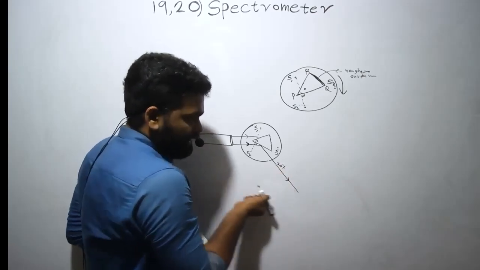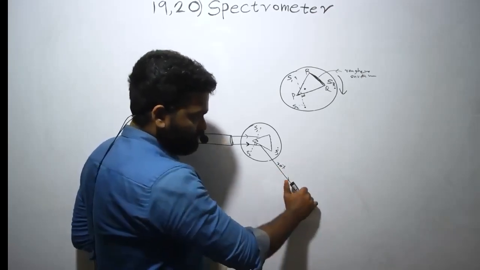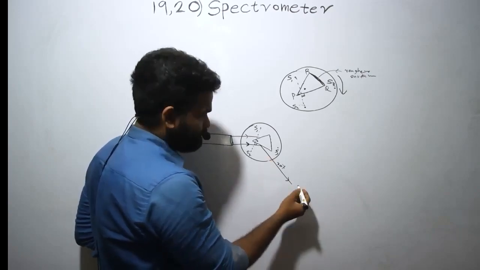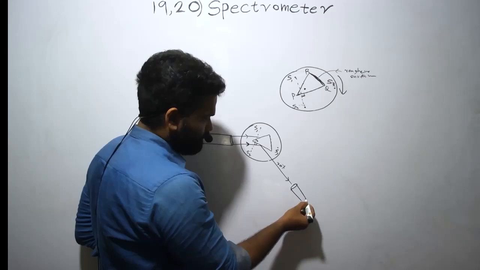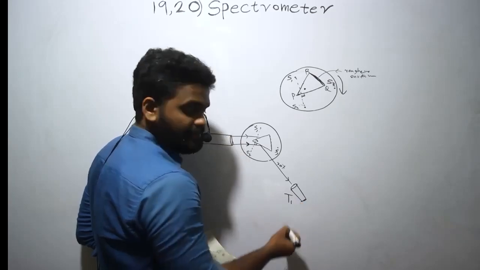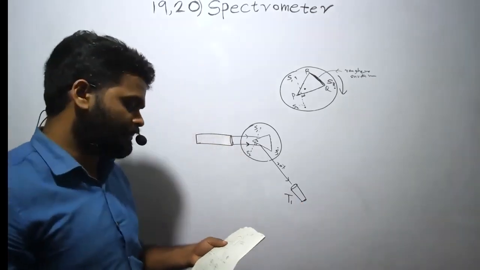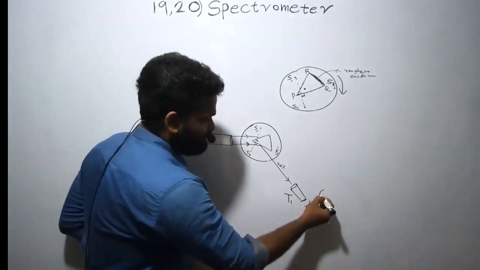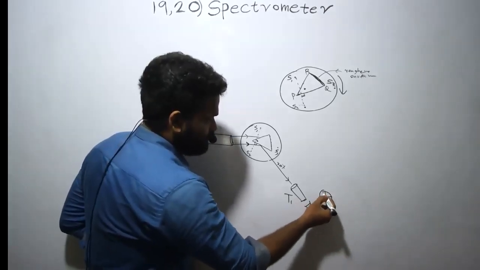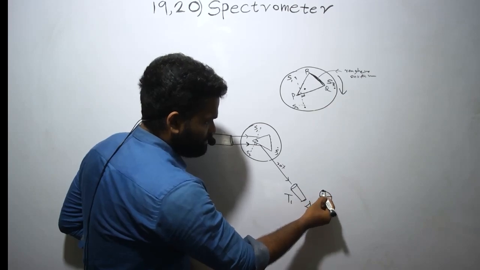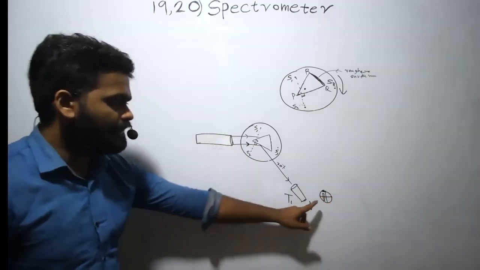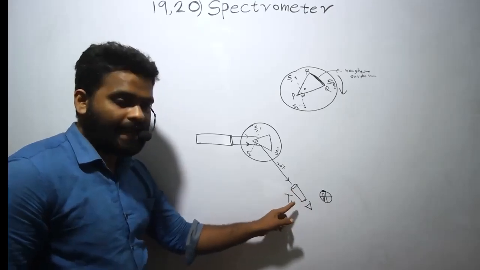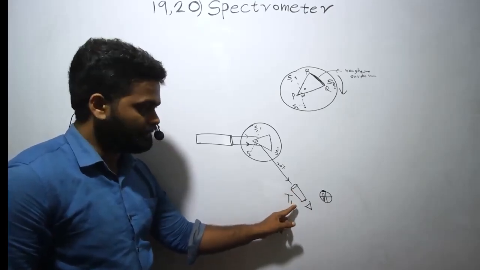Then you can rotate the telescope to this position and catch this light ray. Let's say that is position T1. When you look through here, what do you see in the view field? You need to see an image of the slit through the view field at this location.